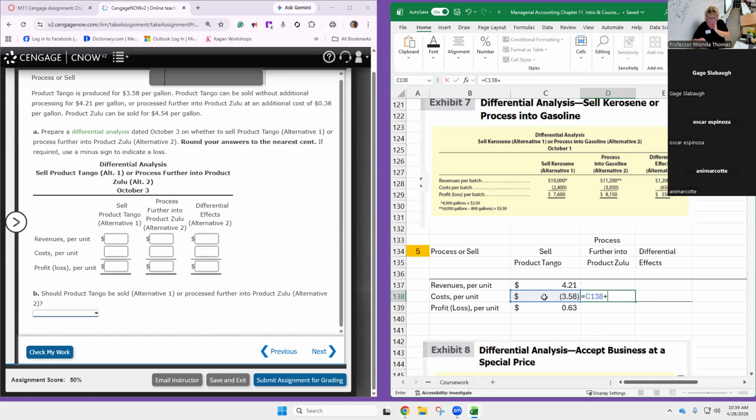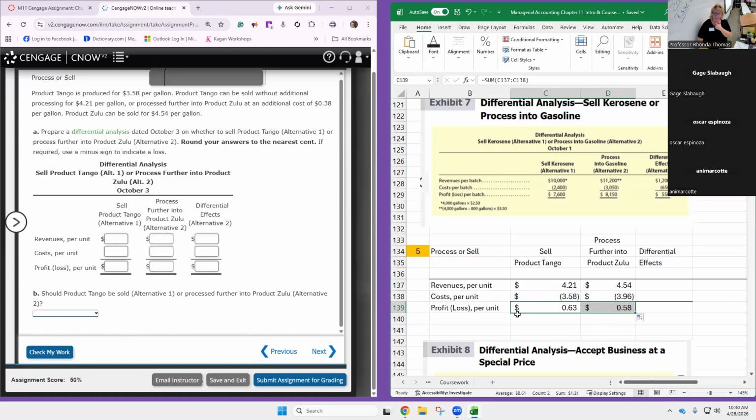Nope, other direction. Sorry. All right, so we're going to subtract. Okay. Yep. So there's the cost with that extra 38 cents in it, but we can sell it for $4.54, right? Okay, so now let's see which one has more of a profit per unit.